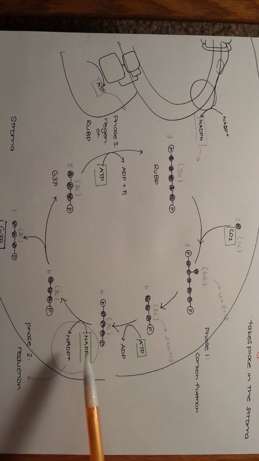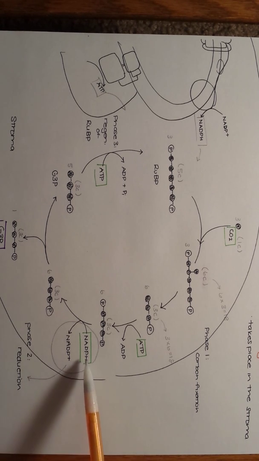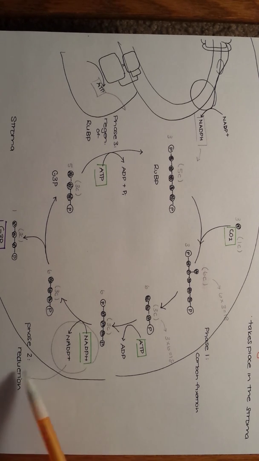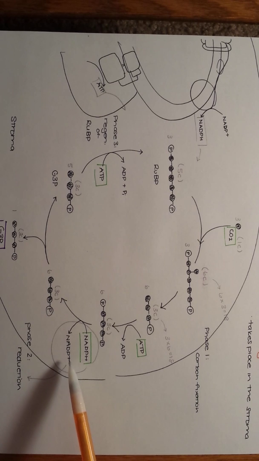And then here, we're going to use NADPH. It's going to be reduction. Okay, we're going to move the electrons from that NADPH, and we're going to move that hydrogen ion from that NADPH to another molecule. So we're going to reduce another molecule because this NADPH is now going to give that away.